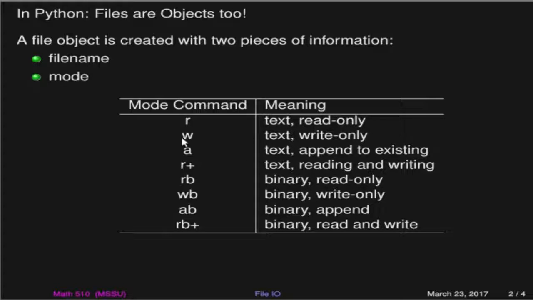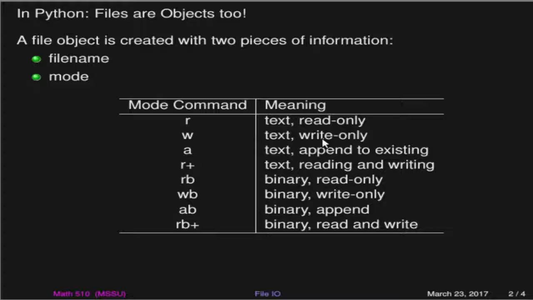We can write, so the W is we're interacting with it as a text file, but we're only writing to the file. Now when we say write, if we open the file in write mode, write to it, close the file, open the file again and write to it, writing multiple times is going to overwrite the file.